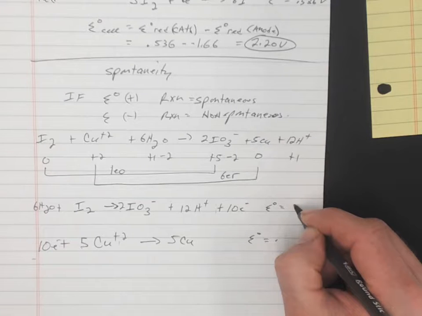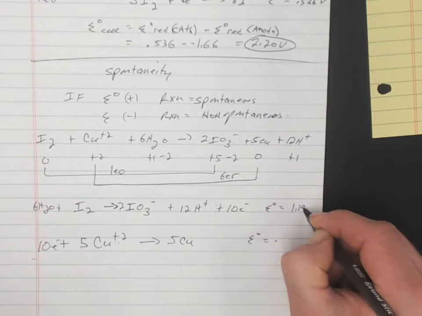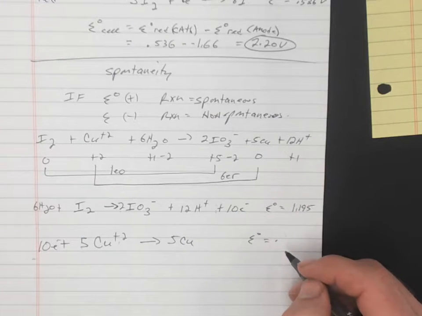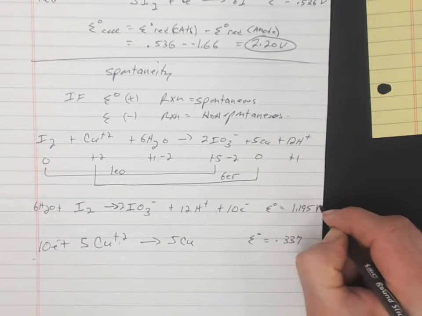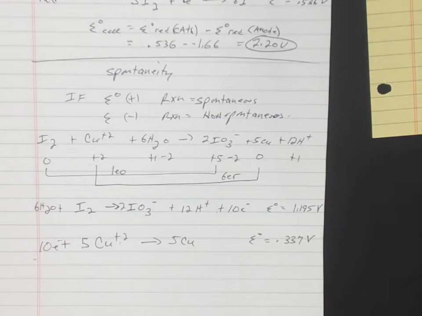Did I do it wrong? Am I right? Okay, 1.195. What'd you get for the copper? It's like .337. Or what's that? Okay, good.